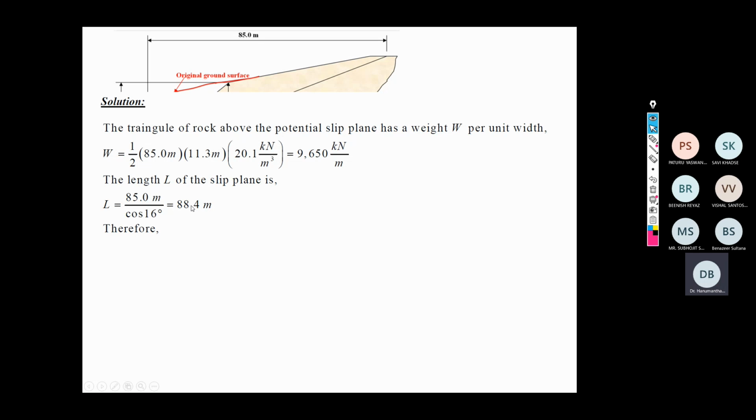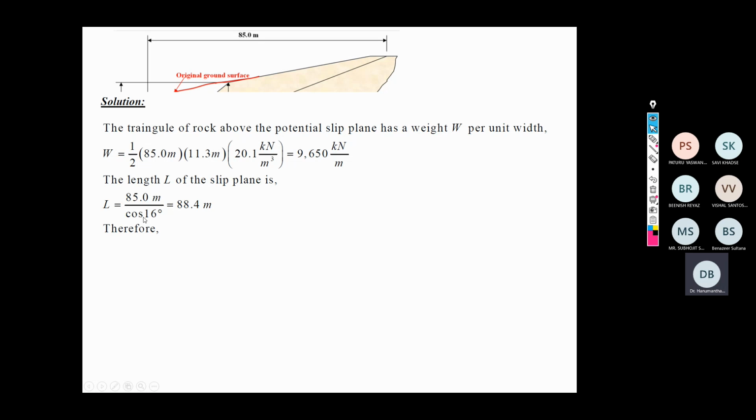If you want to take 88.4 as inclined length, you may have to increase the height from 11.3 to 12 or 11.5 or something, whatever it is. If you can calculate that inclined height, that is the plane normal to the inclined line, it is excellent. So I also encourage everyone to calculate the inclined length as well as the normal height, the perpendicular height. You can still do it.